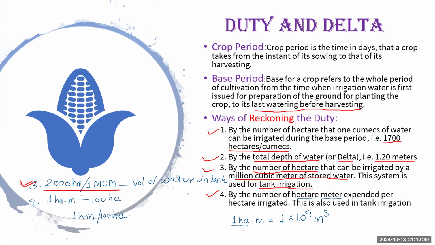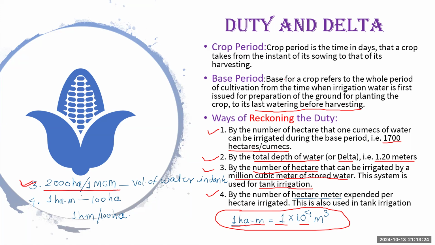You are familiar with the unit meter cube. Here the volume is expressed in hectare meter. See here it is written at the base, 1 hectare meter. So 1 hectare meter can be converted into meter cube, that is 10 raised to 4. So this is the meaning of 1 hectare meter.